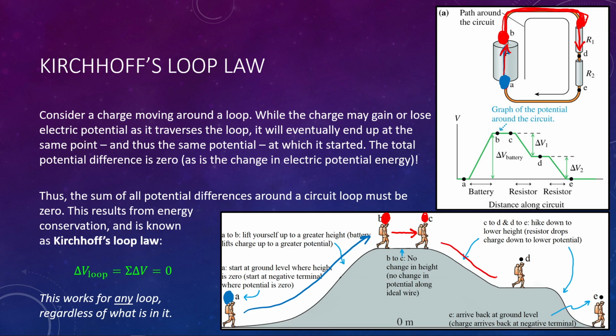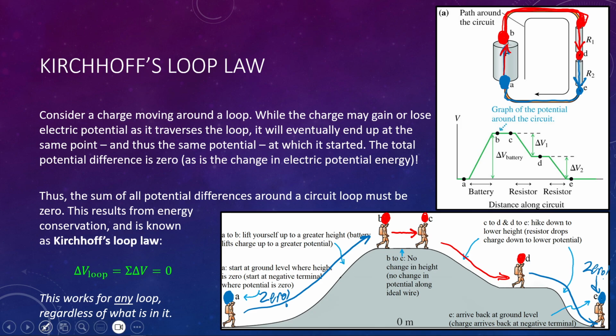So that's the same as us walking down to a lower height at point D. Okay. Well, we then move down again through another resistor to point E. So we walk down another hill to point E. We've lost potential or lost height in this analogy. Well, again, notice where we are. We're at 0, just like where we started. We then can start over. So maybe you walk around and come back to the start and do this over and over again, right?